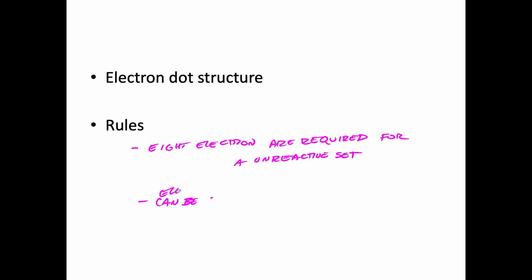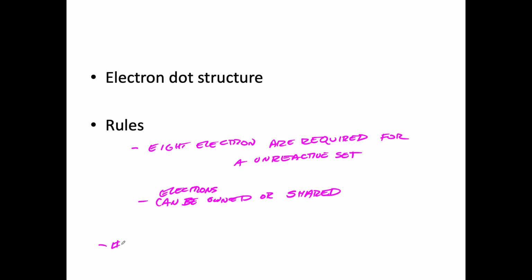Electrons can be owned or shared. All right, so those are the rules.